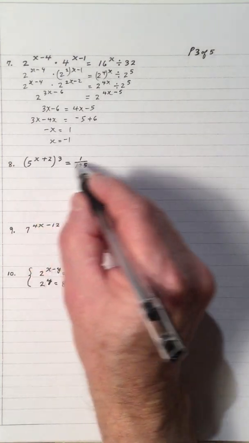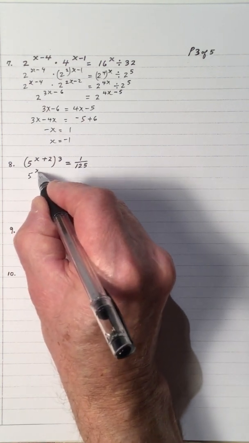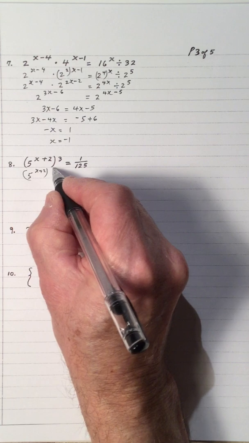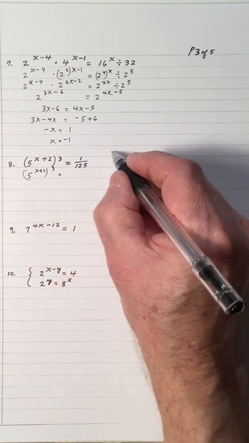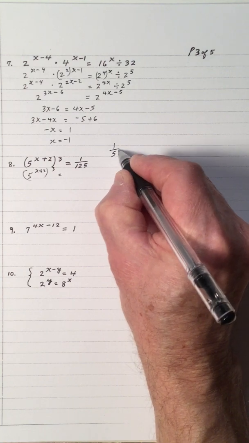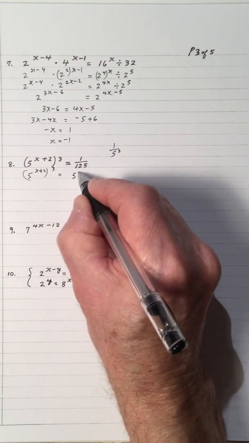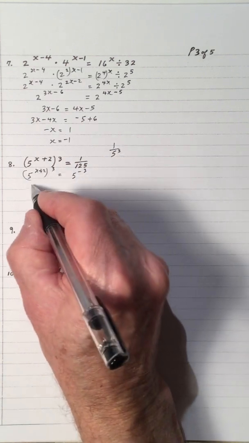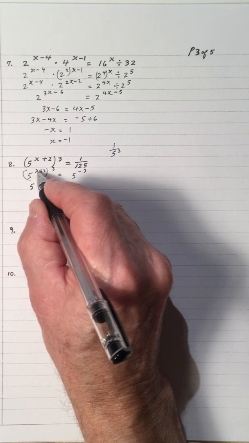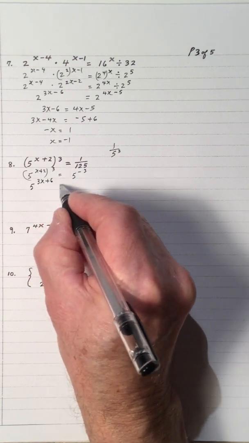And we need same bases, so that's 5 to the x plus 2, cubed, third power. 1 over 125: 125 is 5 cubed, so that's 5 to the negative 3. And now we have a power of a power, so it's 5 to the 3 times x plus 2, which is 3x plus 6.